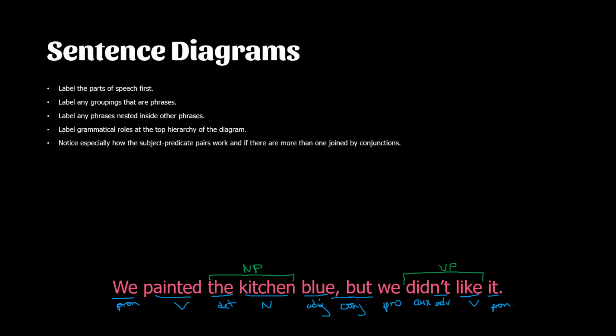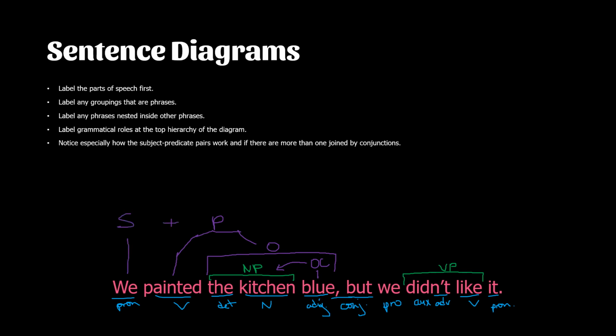"Blue" is an object complement, and it describes this noun phrase. All of this is the object. "Painted" is the verb. Verb plus object equals a predicate. "We" happens to be the subject.